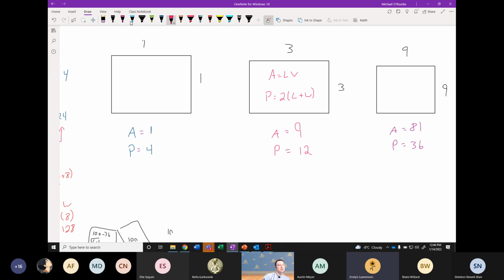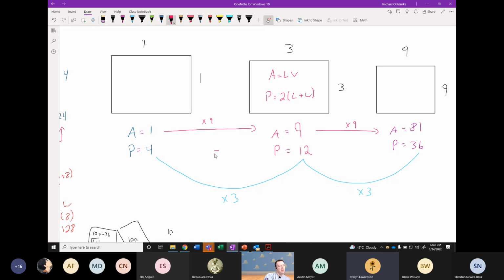So first of all, let's look at perimeter. What's our pattern here? What's our pattern between these numbers? Times 3. Very good. Now what's our pattern up top? Good. Times 9. Here's a weird thing.